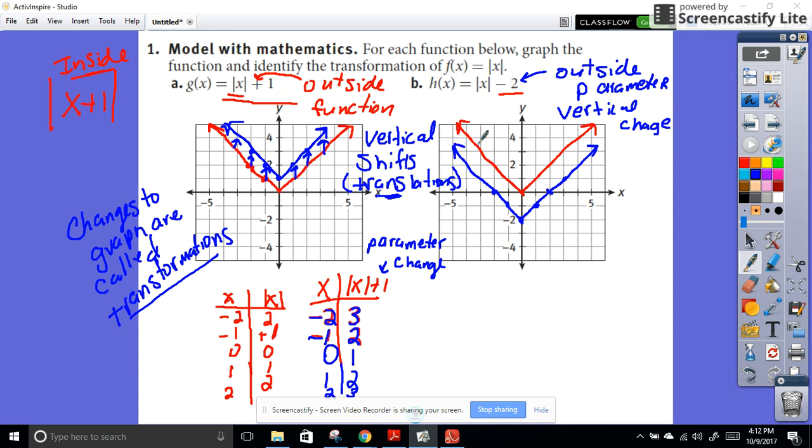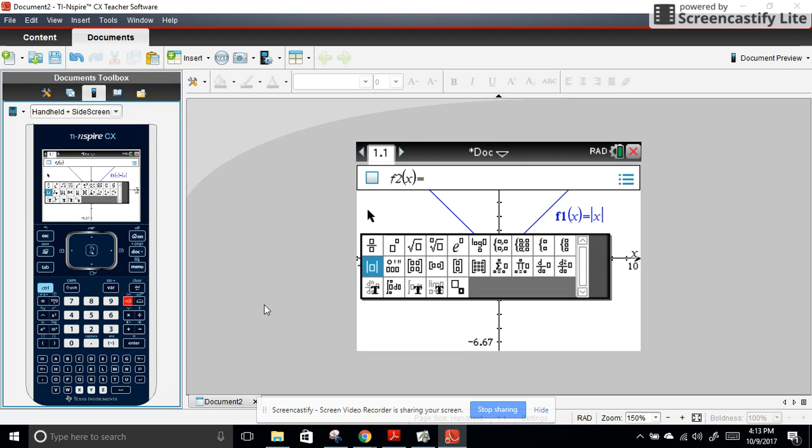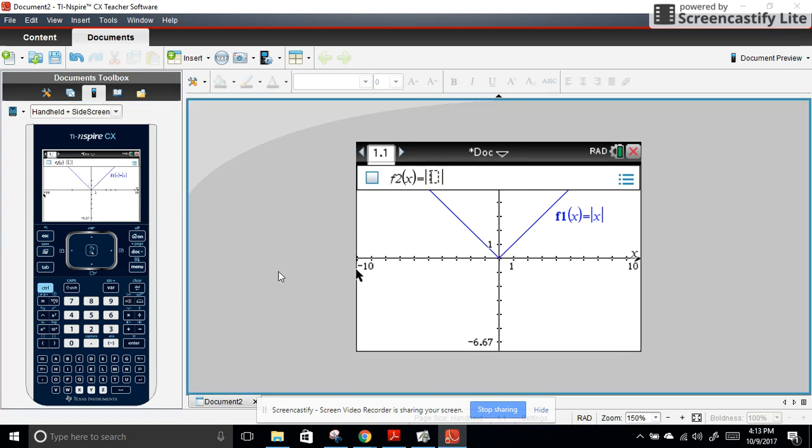Okay? So the parent function here, the transformed function down here. And again, you can go back to your graphing calculator and you can check it by pulling up your graphing line. Leave F1 the way it is. It's your parent function. Go back and get your template.